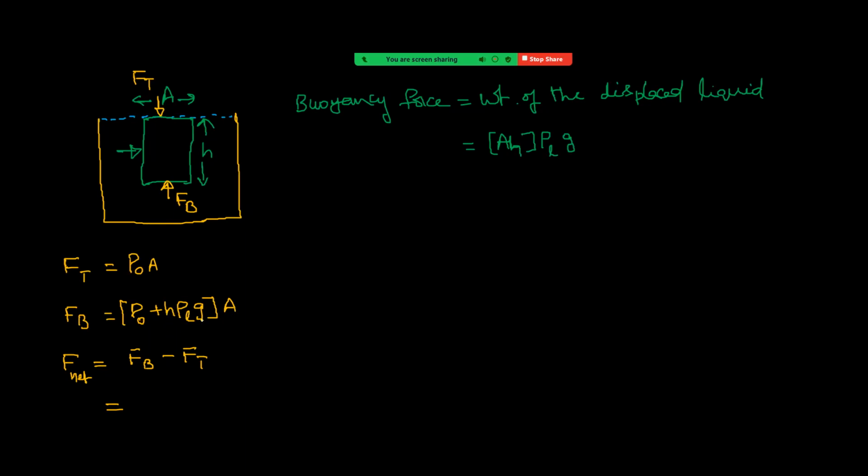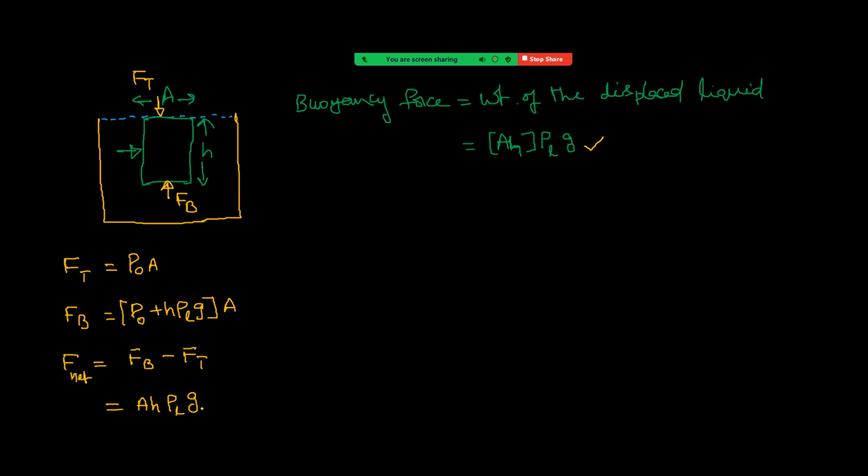Remaining is A into H into rho L into G. So A into H, volume of cylinder, into density of liquid into G, is nothing but weight of the liquid displaced. So buoyancy force is equal to weight of the liquid displaced.